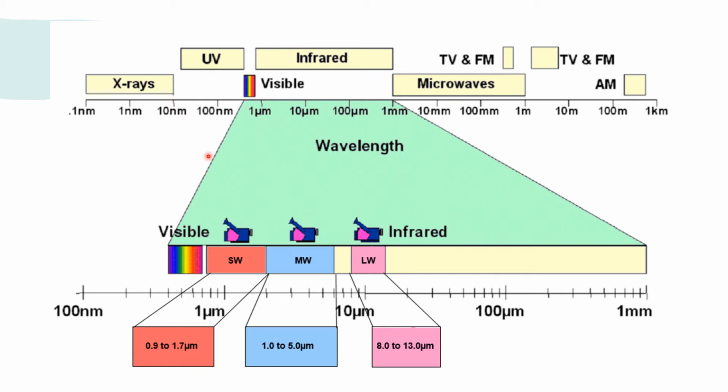So here, if I go from this point to this point, this is the wavelength for this particular area, which is visible to the naked eye.